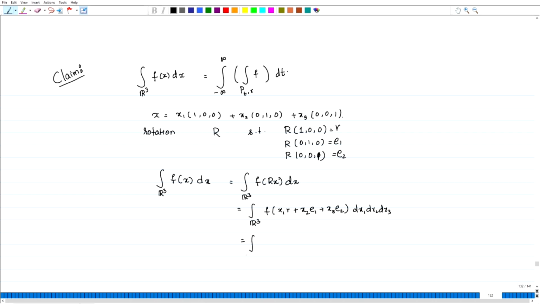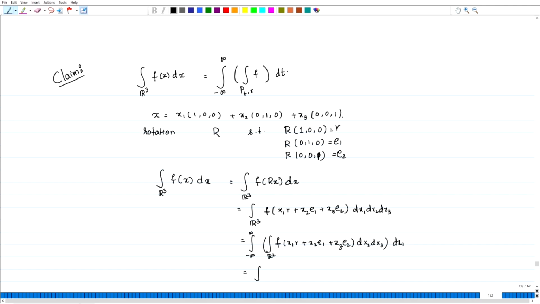So, now this, from minus infinity to infinity, is the integral over R^2 of f(x1 gamma + x2 e1 + x3 e2) dx2 dx3, and then dx1.